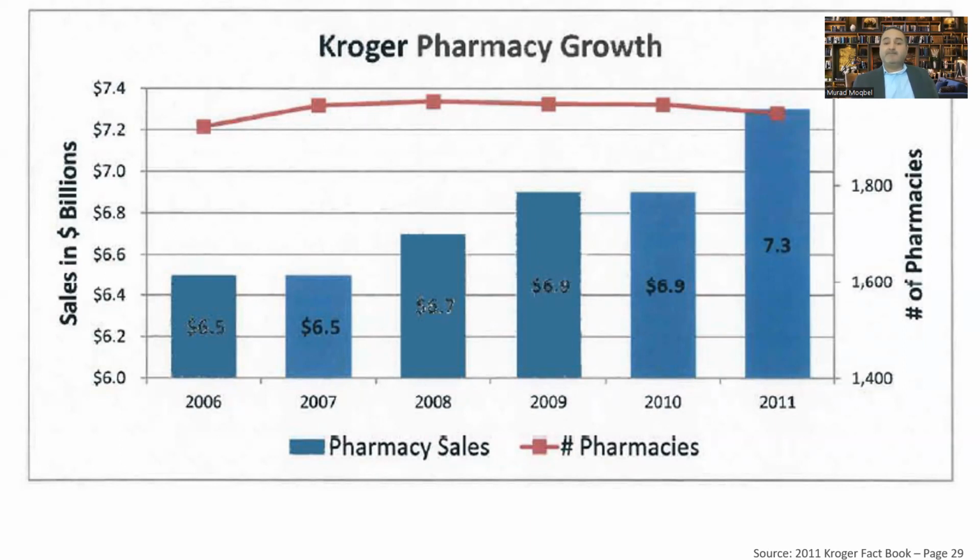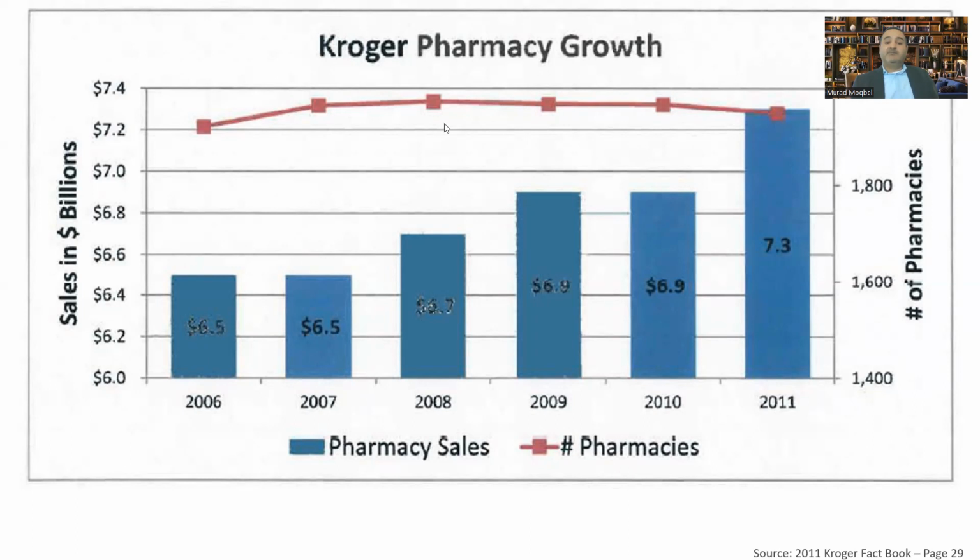So this graph is representing the sales. They say growth, but they should say sales instead to be very accurate. So the sales started in 2006 at $6.5 billion. And in 2011, their sales increased to 7.3, right? That's the blue bars representing the sales.